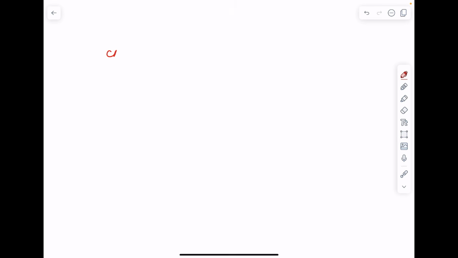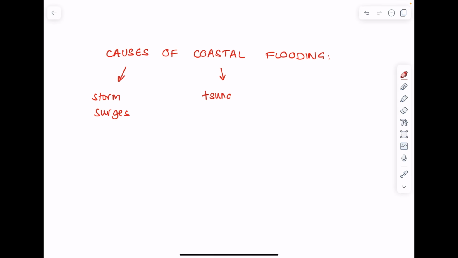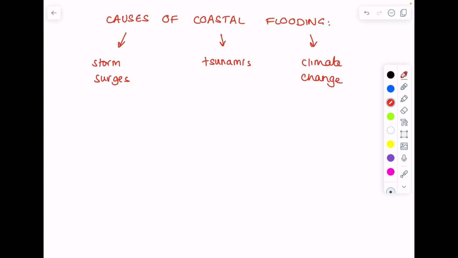Moving on to causes of coastal flooding. And we're going to be looking at storm surges, tsunamis, and climate change. Starting with storm surges.